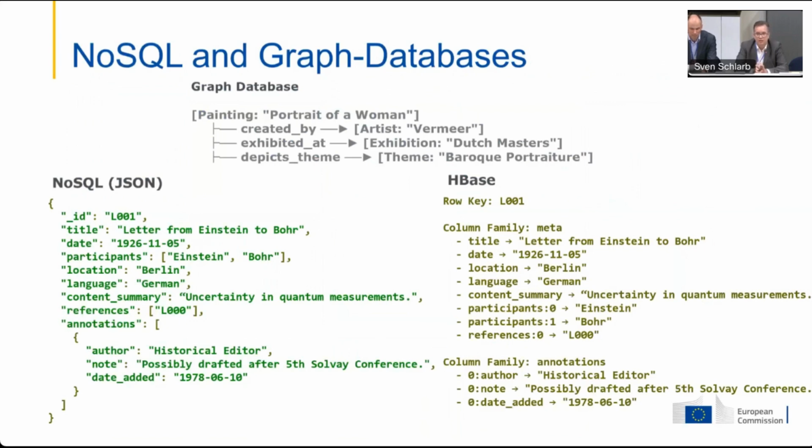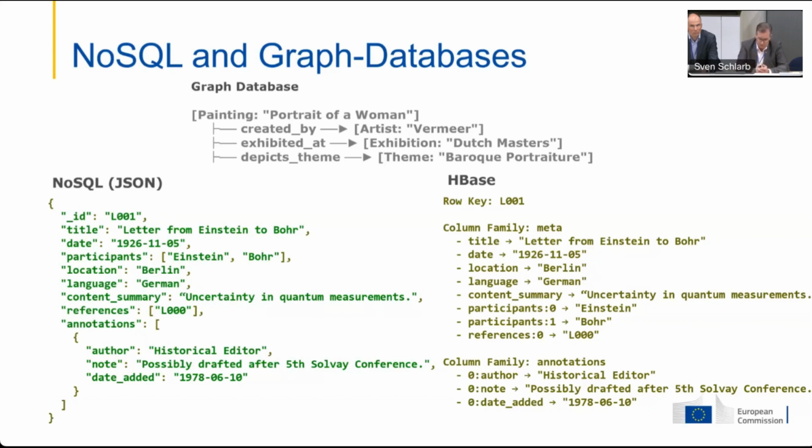If we pick out some of the examples, we have the graph databases, which are based on nodes and edges. The edges are arrows that go from one node to the other node that show there is a relation. You can also have properties of nodes in such a graph, and you can model that. There is NoSQL, where one form is to store documents in JSON format. It's very flexible. It can even be schema-less.